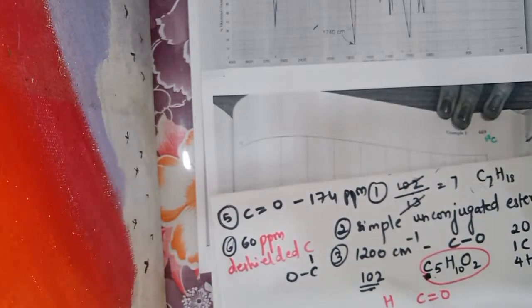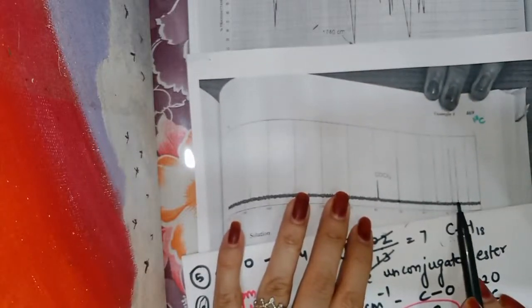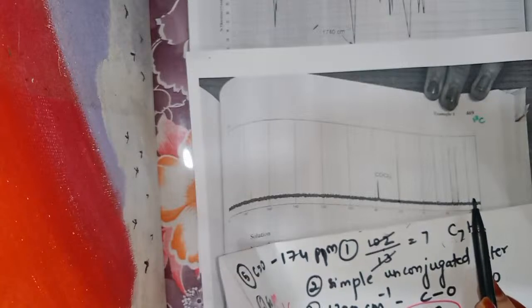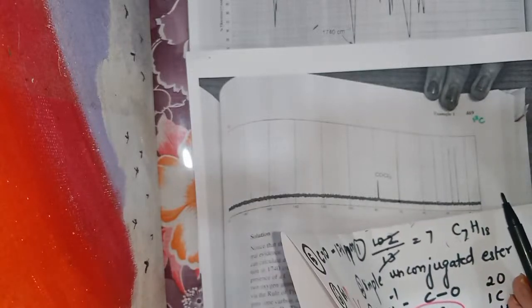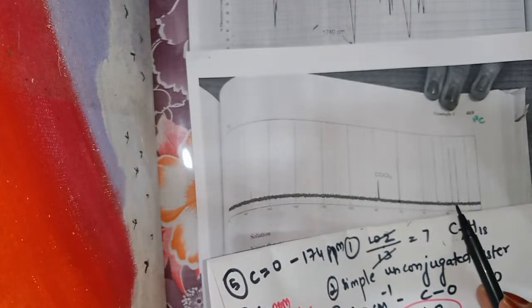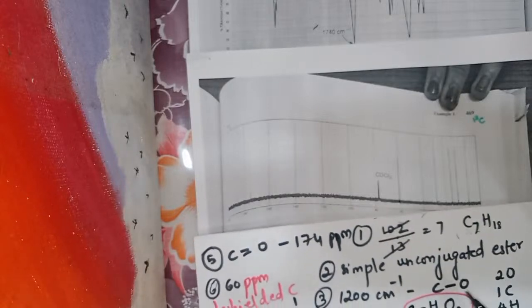And the rest of the carbons, as I showed you here, are all the rest of the carbons. They are relatively shielded compared to the one at 60 ppm.